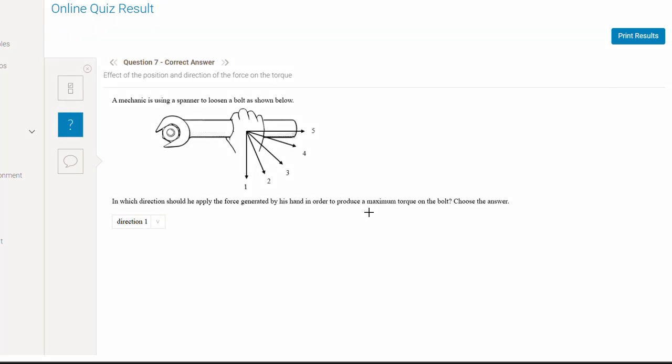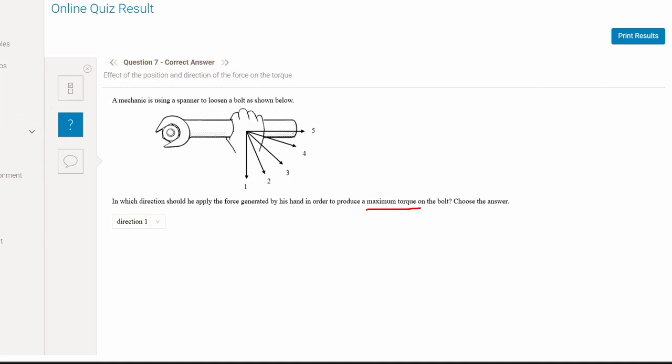Okay, this you just need to know. They want the maximum torque. How can you get the maximum torque and the maximum turning effect? There are 2 factors that influence it. One is the perpendicular distance, as I said, from the origin to the lever arm. Generally, the further the force is from the origin, the more the turning effect. But here, the forces are all from a single point, so that does not matter.